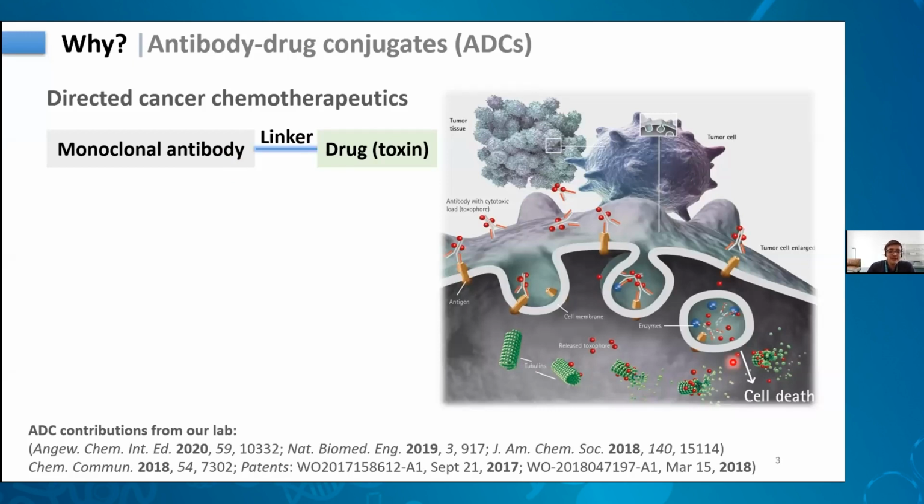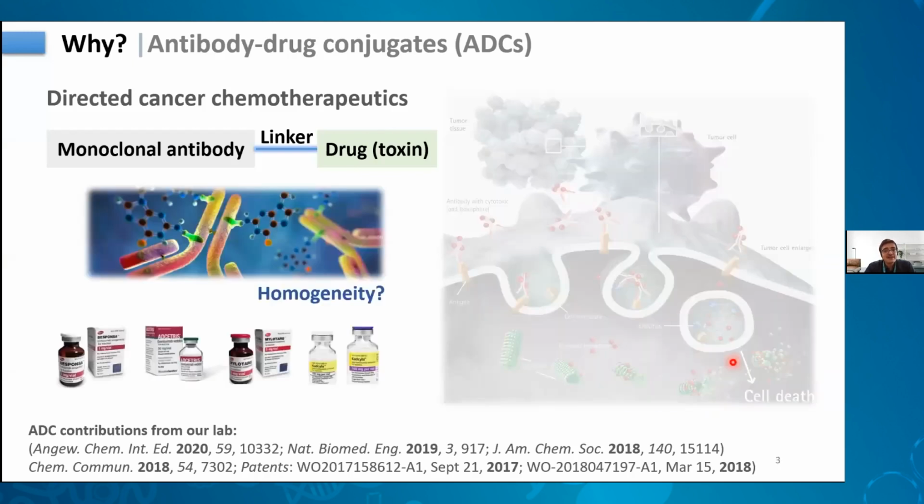So based on this platform, there have been a few drugs that got approved recently through FDA and are available in the market. And they have one thing in common, that they are sold as heterogeneous mixtures where 0 to n number of toxin or drug molecules would be attached to one molecule of the antibody.